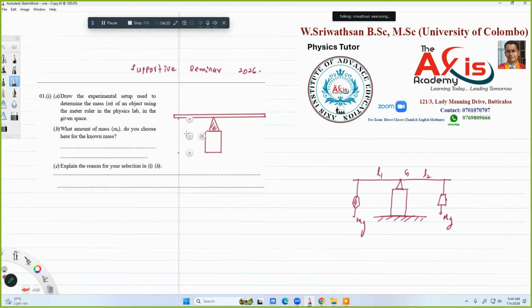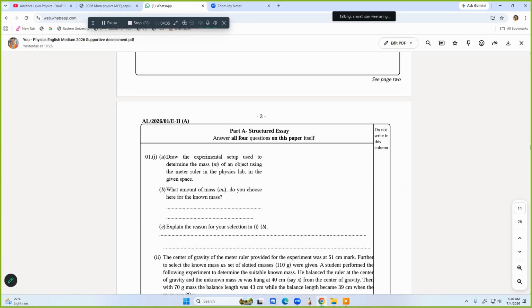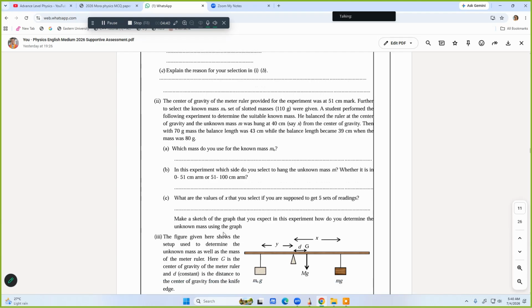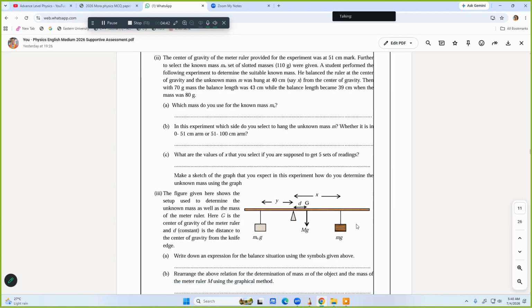Draw the experimental setup used to determine the mass m of an object. We can hang it on the left side or right side. It's not a matter. But according to this, the diagram is given now.